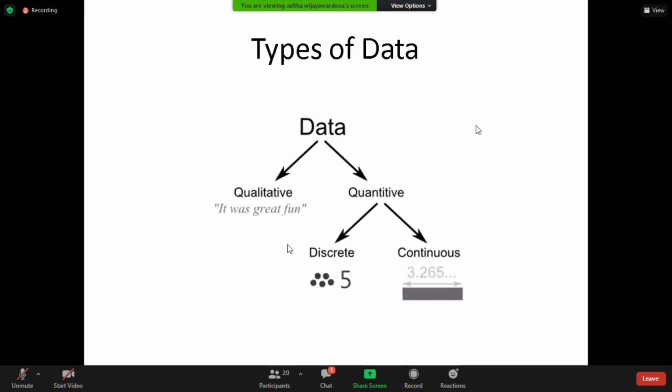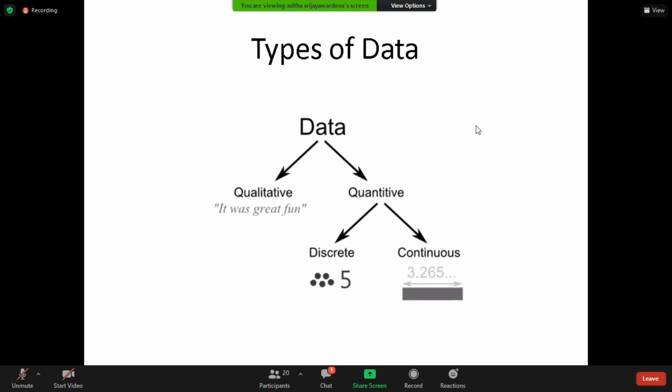Right. And if you talk about types of data, there can be mainly two types of data, qualitative and quantitative. Normally, qualitative data are like feelings, like, as I have given you, it was great fun.